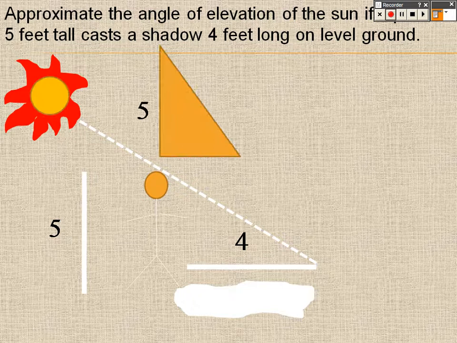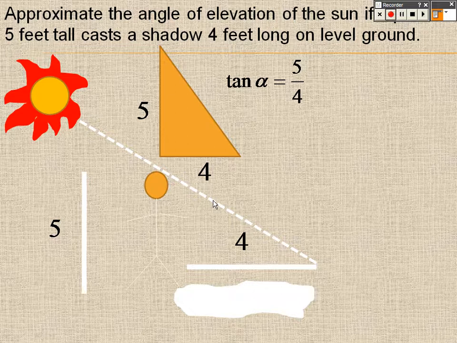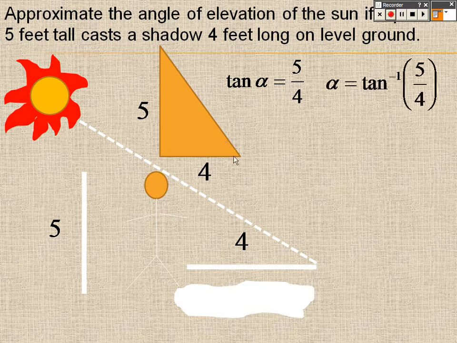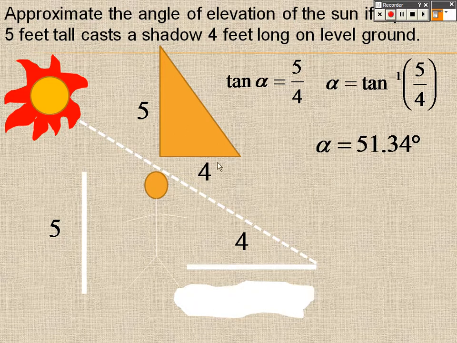So I know that's 5, I know that it's 4, I know that's 90 degrees, but approximate the angle of elevation. So this angle down here is the angle of elevation, and that angle is opposite over adjacent, so it's 5/4. So inverse tangent of 5/4 is 51.34 degrees. So it's 5/4, opposite over adjacent. That's why I use tangent.